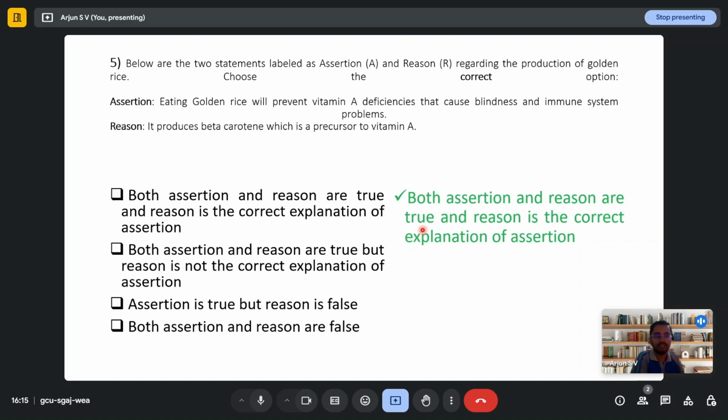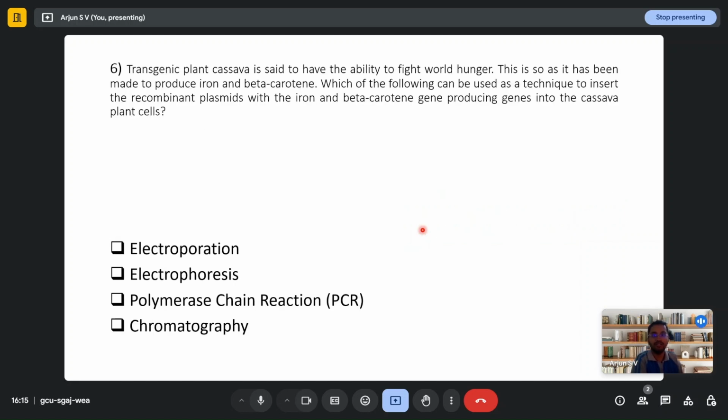So far, all the questions have just been theoretical. So the next question is: transgenic plant cassava is said to have the ability to fight world hunger. This is so as it has been made to produce iron and beta carotene. Which of the following can be used as a technique to insert the recombinant plasmids with the iron and beta carotene producing genes into the cassava plant cells?